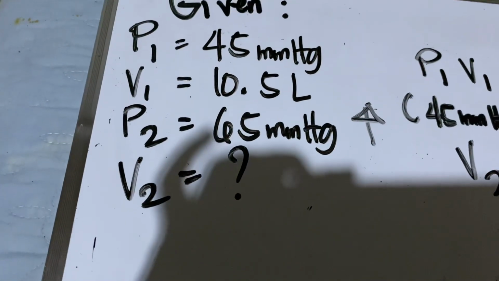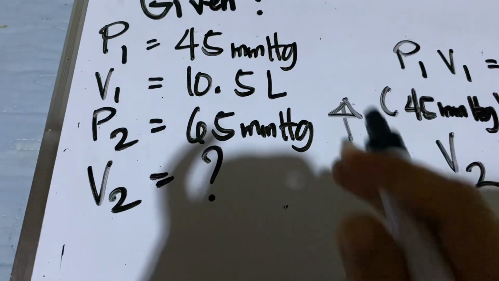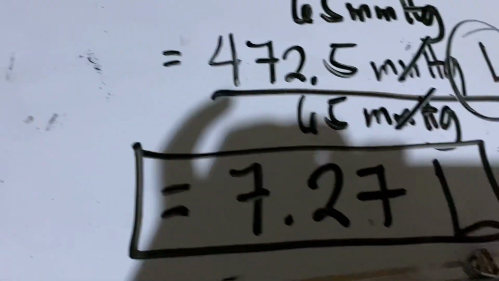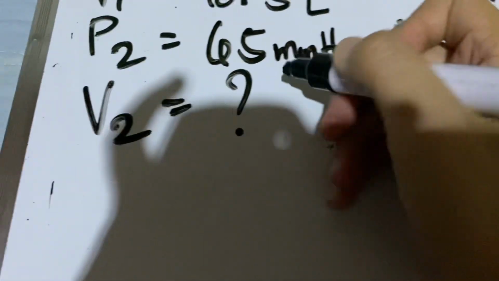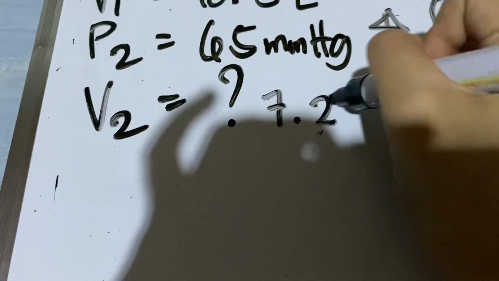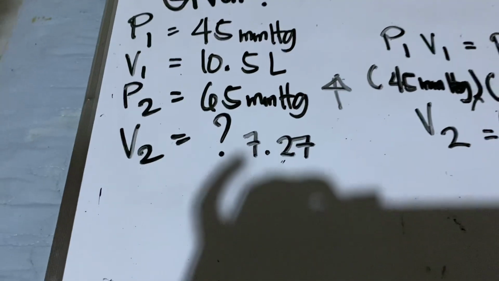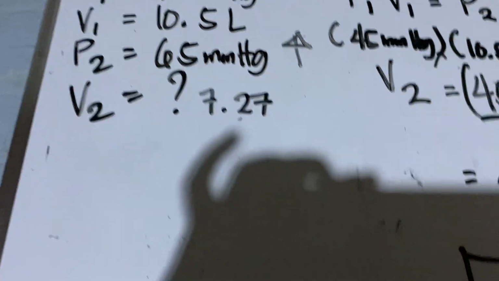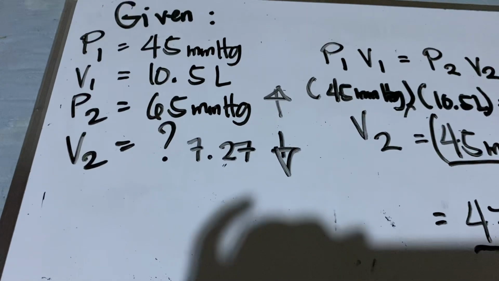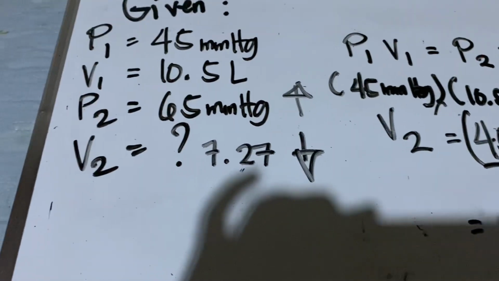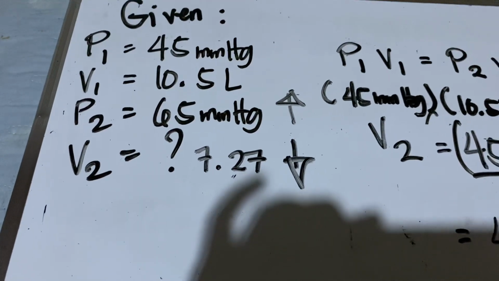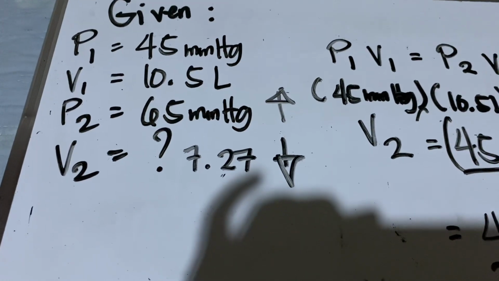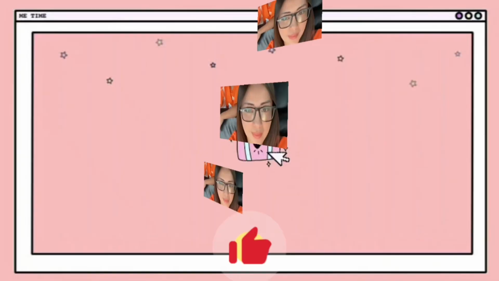Now the initial volume is 10.5 liters, and our final volume is 7.27 liters, in which it decreased. With that, we can conclude that pressure and volume are indeed inversely proportional to each other.